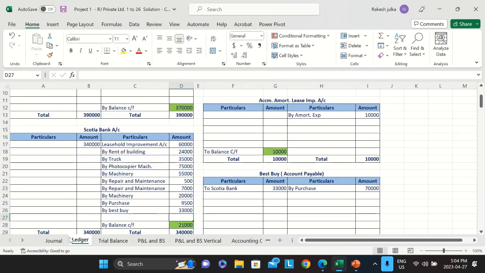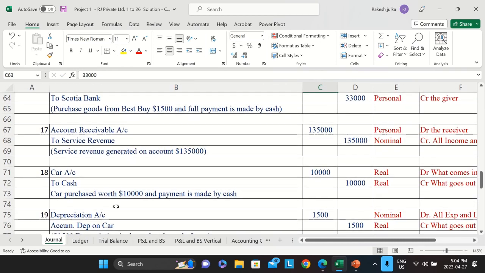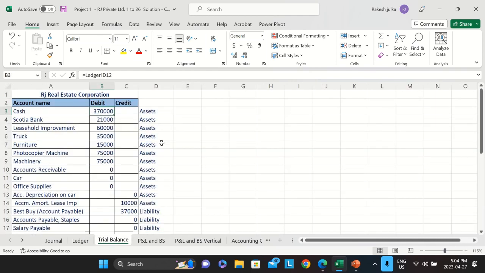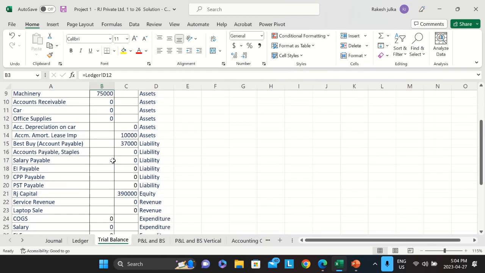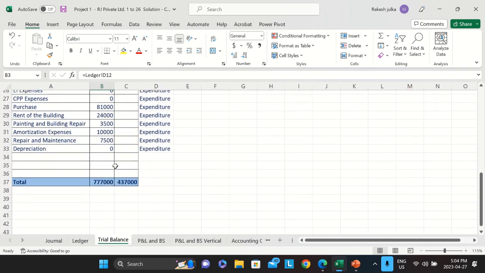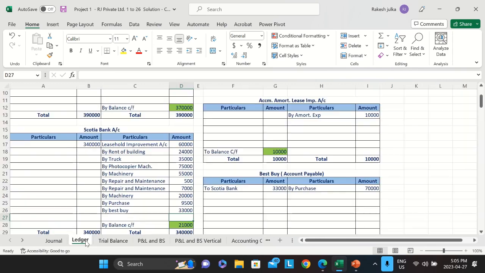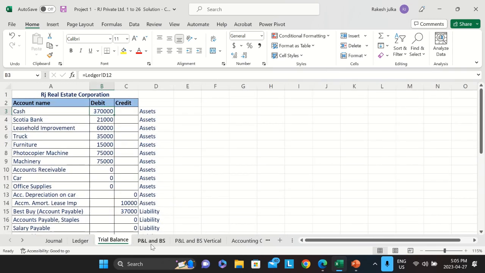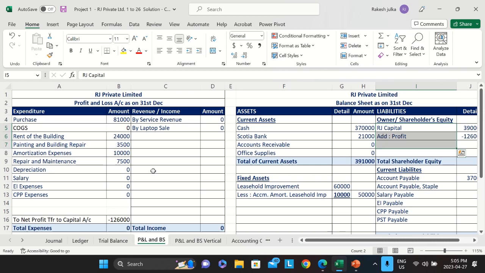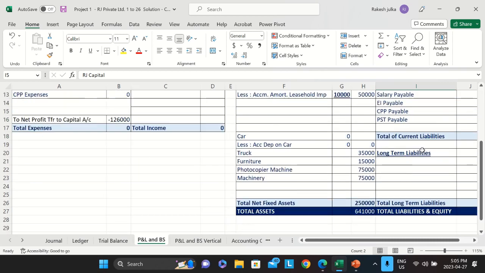Now next one is account receivable. So in this, you can see the trial balance. The trial balance is already created. See, the figures from the ledger are coming to the trial balance, and from the trial balance to the profit and loss account, because we have created the pro forma, right? So automatically this is coming.